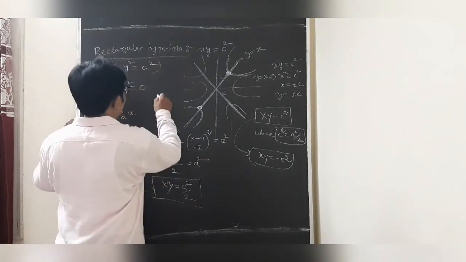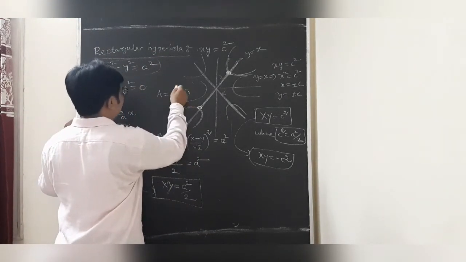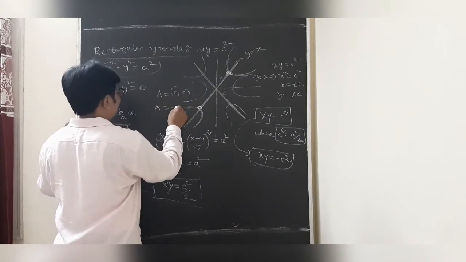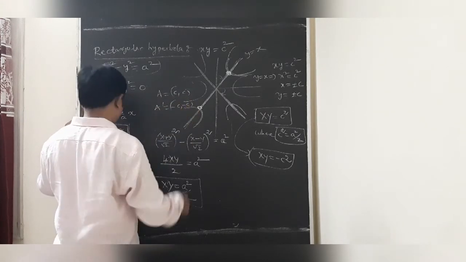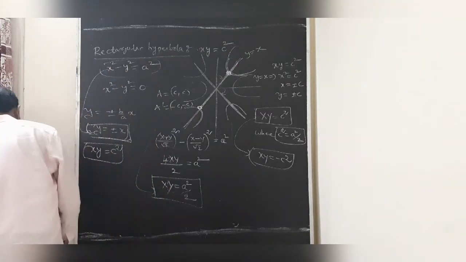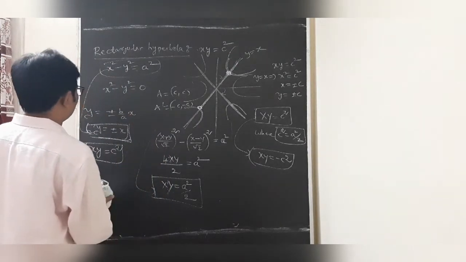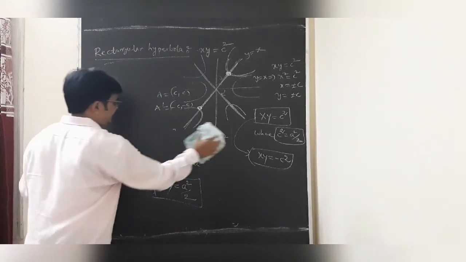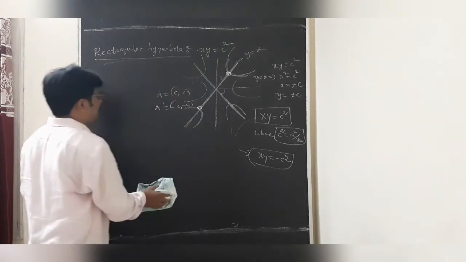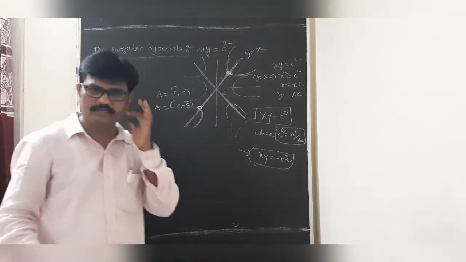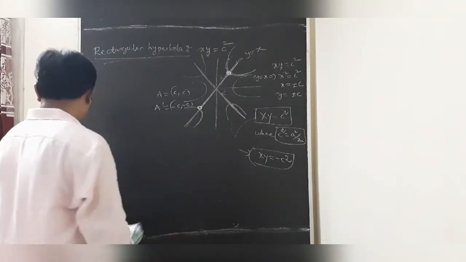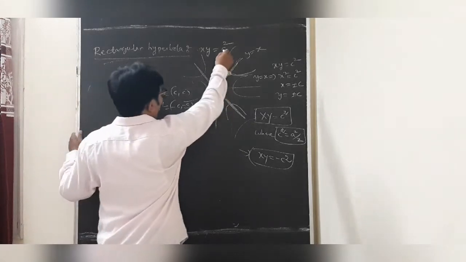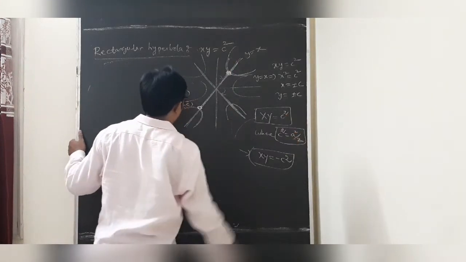So A equals (c, c), A dash is (minus c, minus c). Here we can observe, students, when the axes are rotated through an angle of 45 degrees, the rectangular hyperbola x square minus y square equals a square is transformed as xy equals c square, where c square is a square by 2.